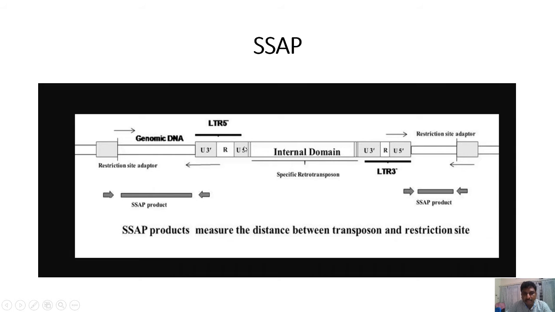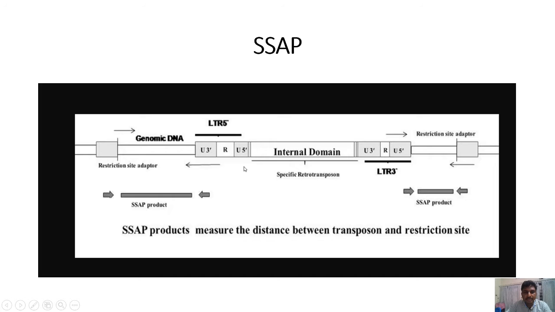This is the long terminal repeat present on one side of the retrotransposon, and this is another LTR present on the opposite end. So altogether, this LTR, the main internal domain and this LTR will become the retrotransposon.